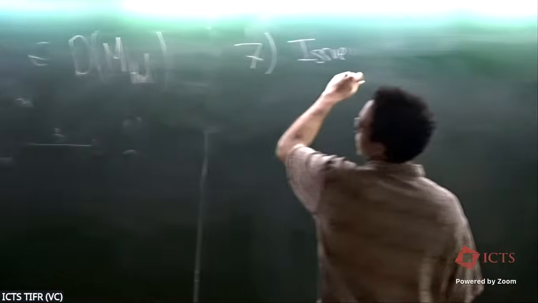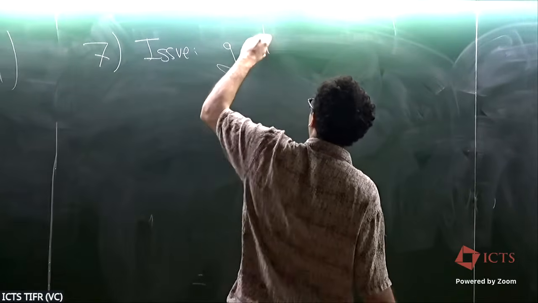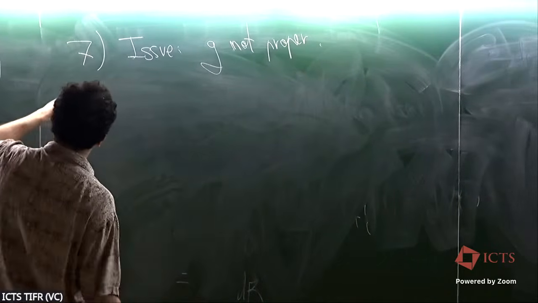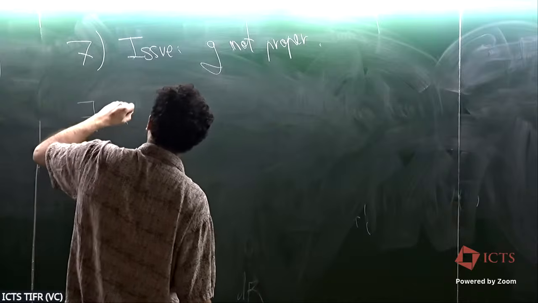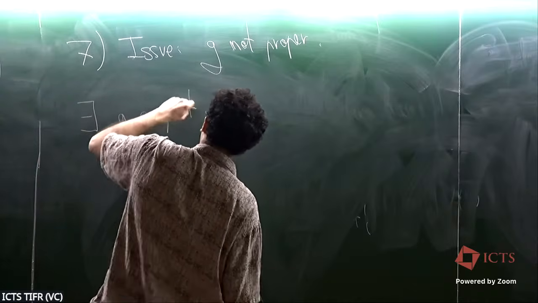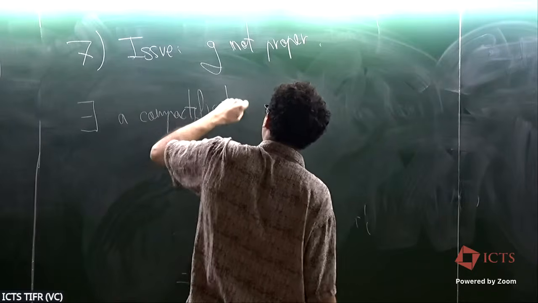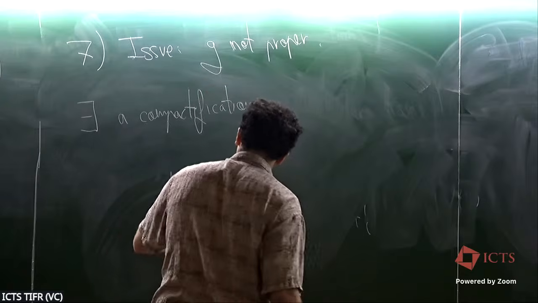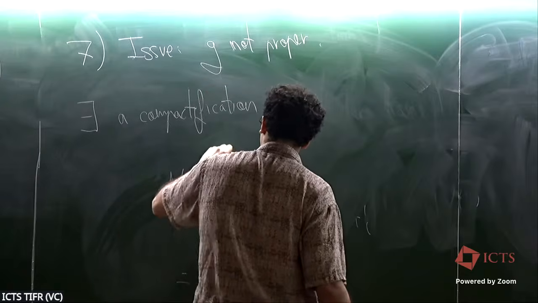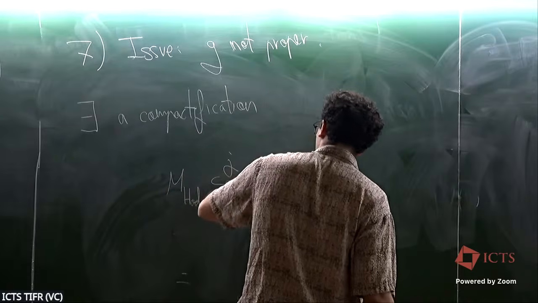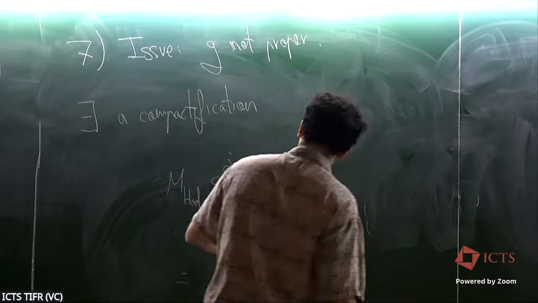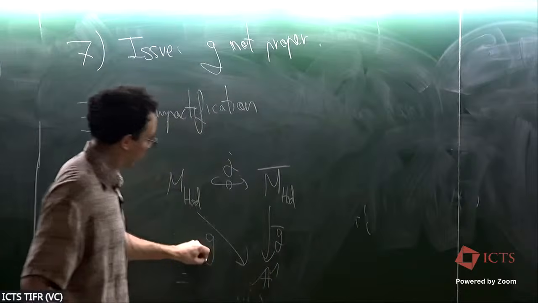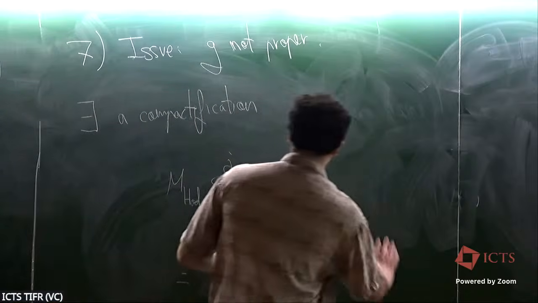There exists a compactification, so this M Hodge lives inside M Hodge bar, something that is proper over A1. So there exists a compactification, and this one is proper.